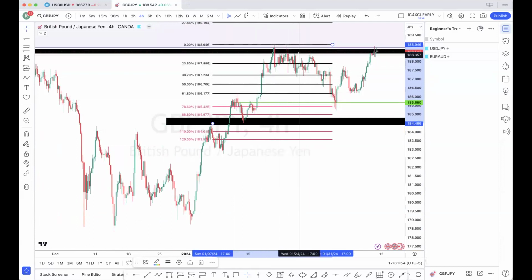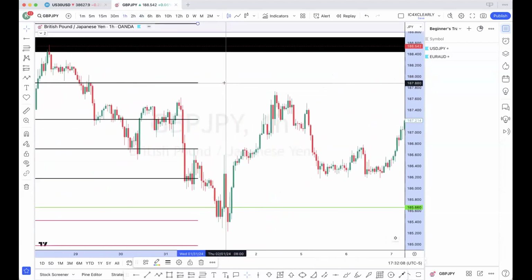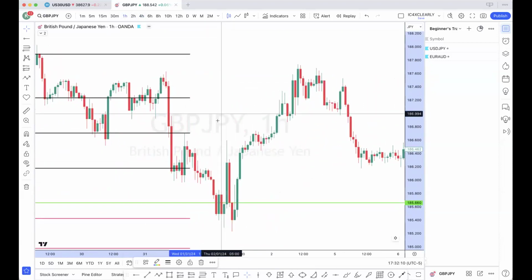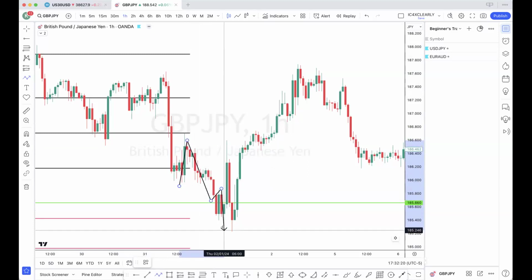But once price came back to the 78, and you went down to your smaller time frame. So you had a swing, look at market structure. You had this push here, and then this push here, and then this push back down here.